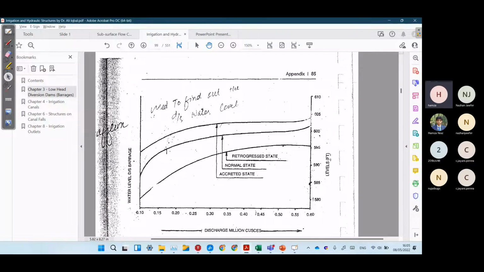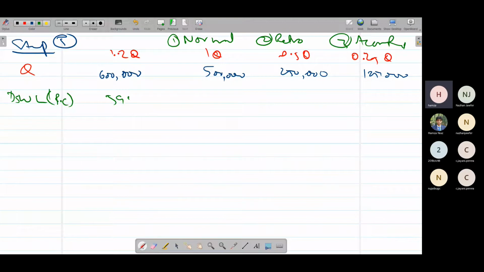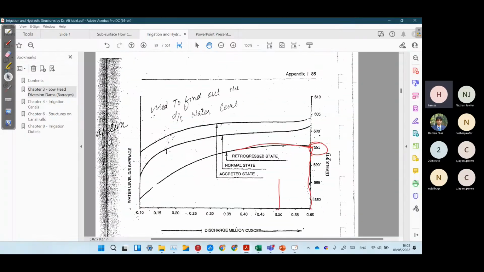Now, for example, we are doing this for the retrograde state. For 600,000 cubic feet per second, in the retrograde state, the downstream water level would be 595 feet. This curve. For 500,000, this would be 595 feet. For 1Q or 500,000, this is approximately again 595.